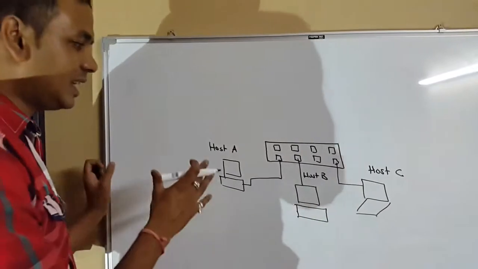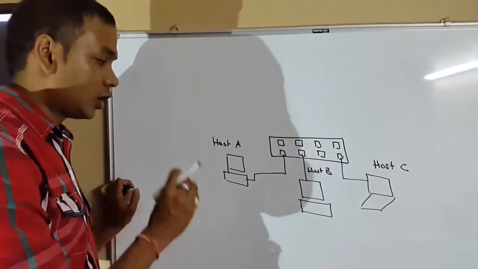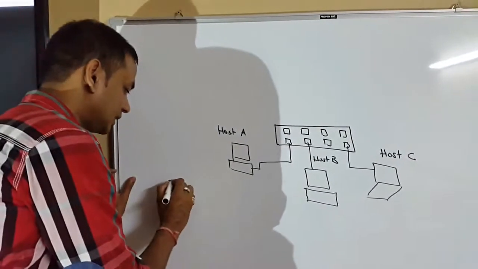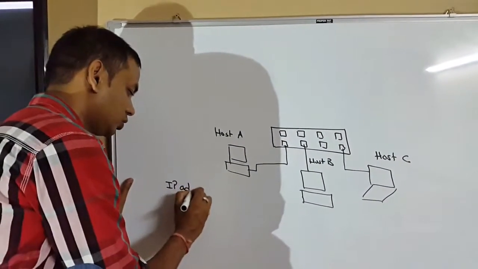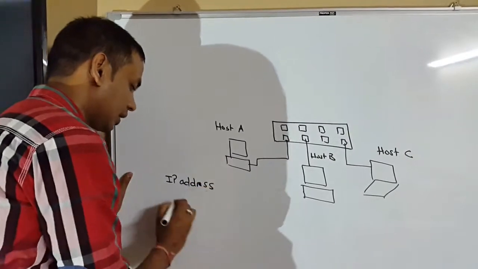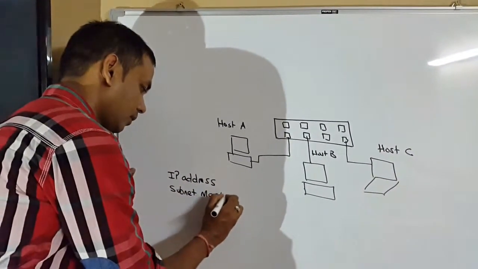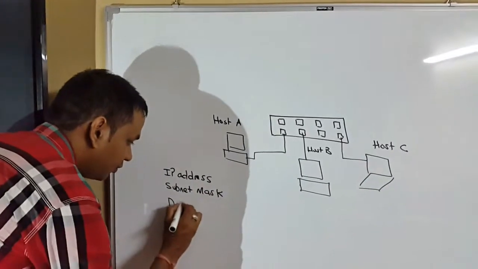On each host on a network, we have to input 3 important things. The first one is the IP address; on each host, you need to input its IP address. The second thing is the subnet mask. The third thing is the default gateway.